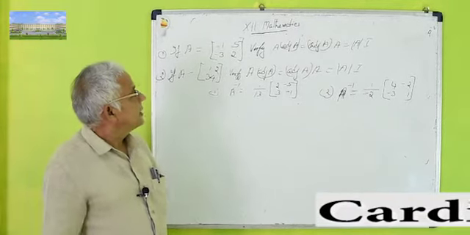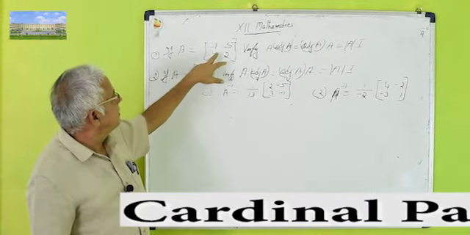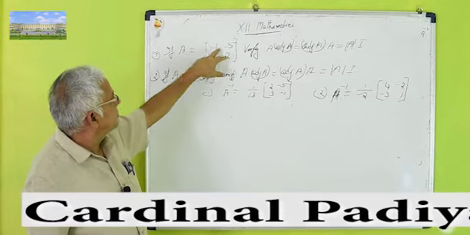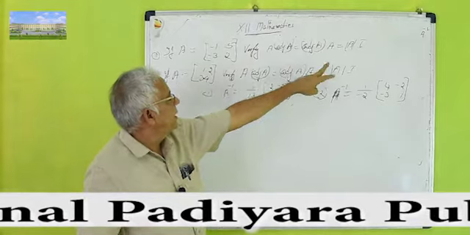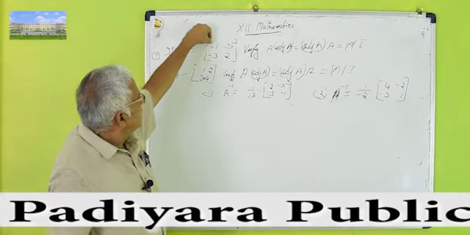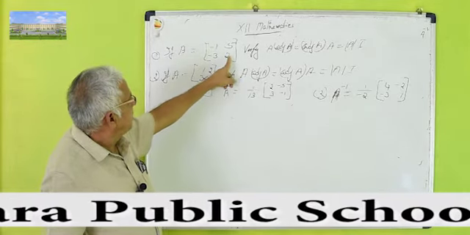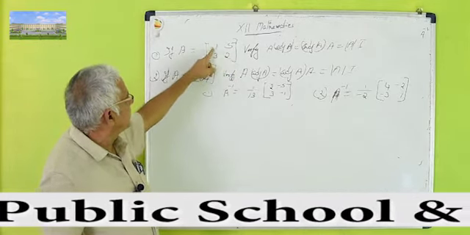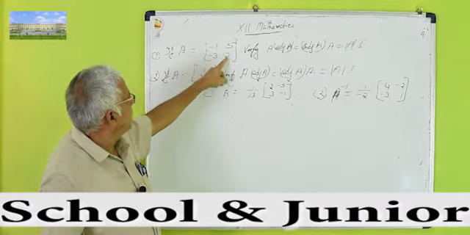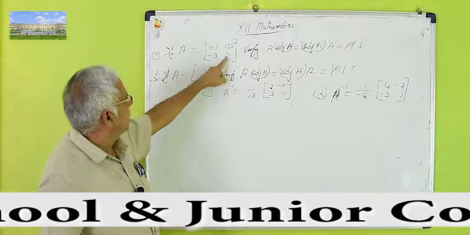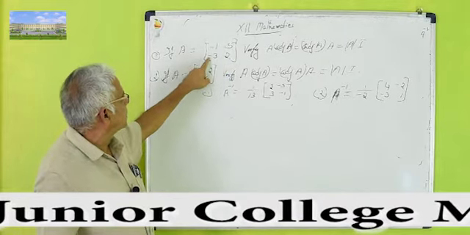The last day I gave two assignments. If A is equal to the matrix [-1, 5; -3, 2], verify the result and find A inverse. So, the adjoint of A: the main diagonal elements interchange, so -1 and 2 swap places. Off-diagonal elements change sign: -5 and +3.